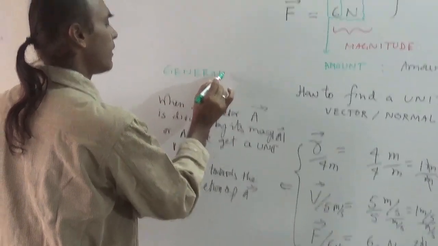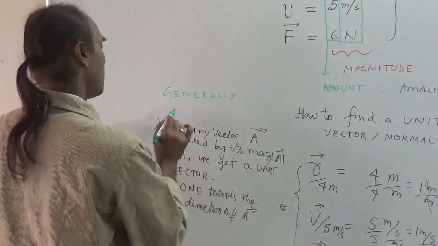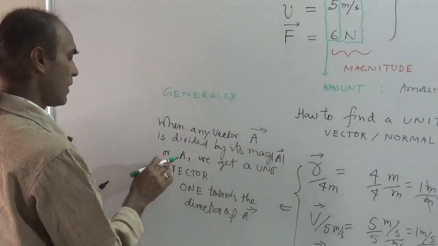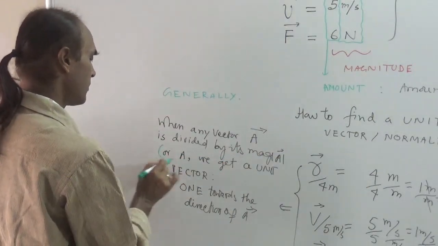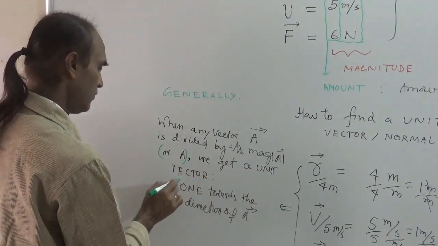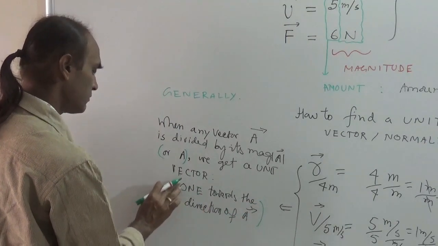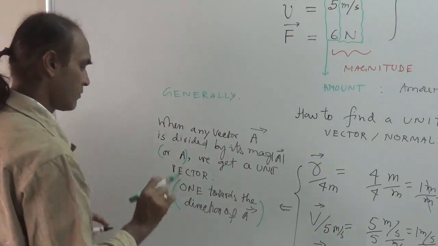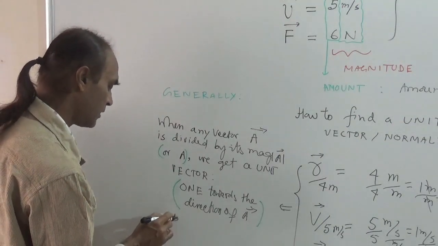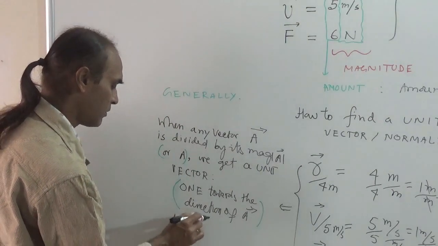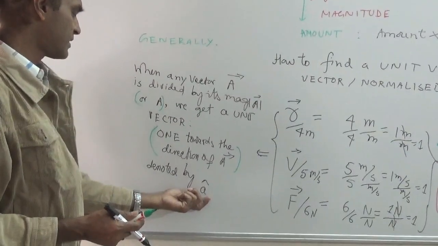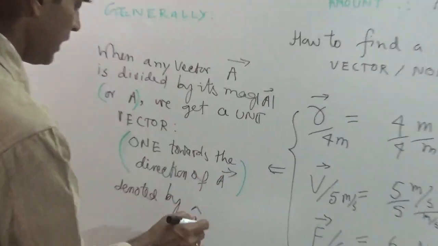Generally, when any vector A is divided by its magnitude mod A or A, we get a unit vector that is 1 towards the direction of A, denoted by the symbol small letter a with a cap over it, a cap.